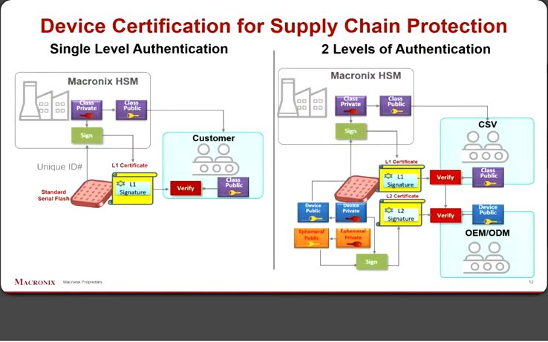And then when they verify that the certificate is correct, they can read the device public key from that signature, and then they pass that on to their OEM or ODM partner.